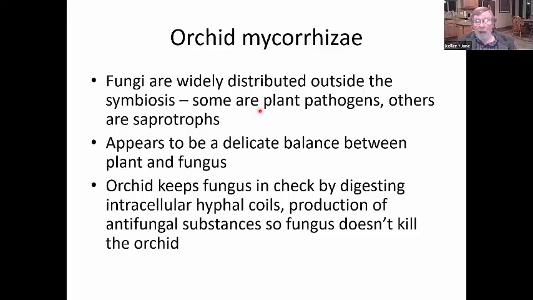There are some of them that are plant pathogens. Others are saprotrophs. In other words, they're not pathogens, but they just decompose dead organic matter. And they obtain those kinds of carbohydrates that they then pass to the orchid seedling to allow that orchid seedling to grow without being able to photosynthesize. Apparently, seedlings don't start photosynthesizing for some long time after they germinate.